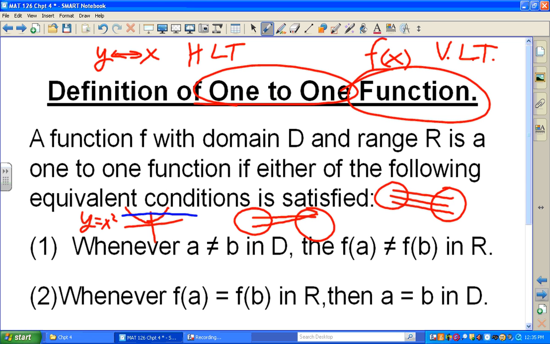Oh, don't be fooled by the following. If I say y equals x squared, semicolon, x greater than or equal to 0, what do you think that means? Yeah, exactly. It only means part of the parabola. Is that now one-to-one? Yes, it is.